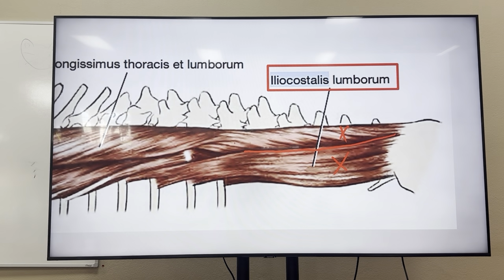So it fuses medially with the longissimus within the lumbar region here. This fusion, the point where the iliocostalis and the longissimus muscle fuse, is what we refer to as the erector spinae muscle.